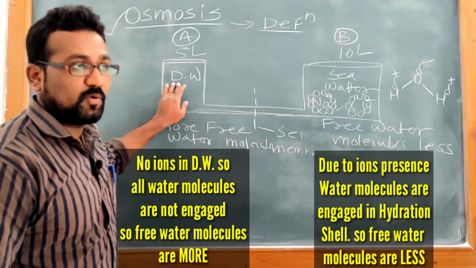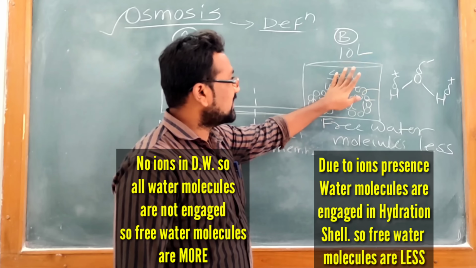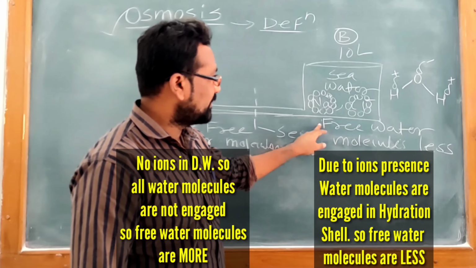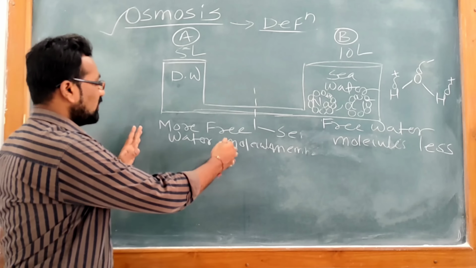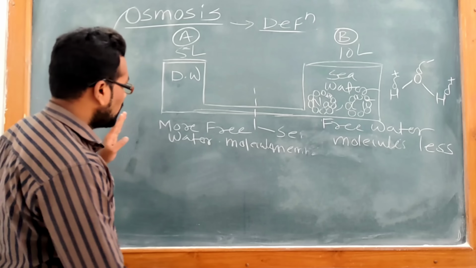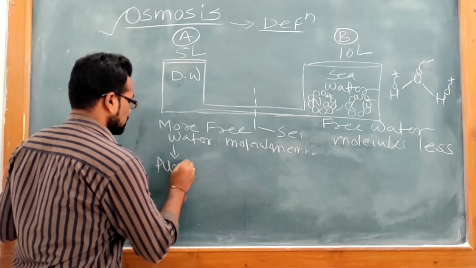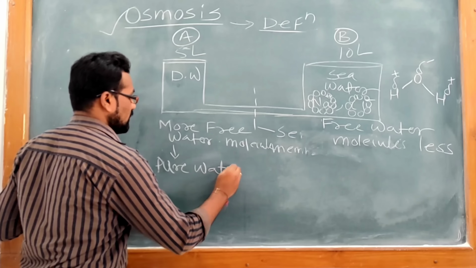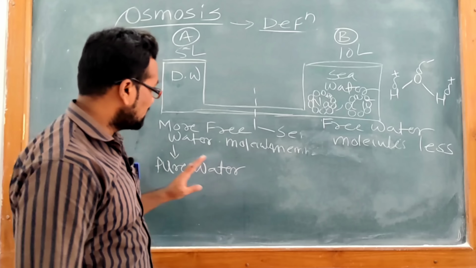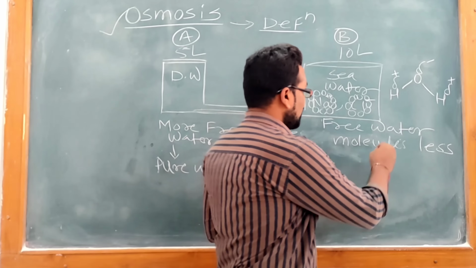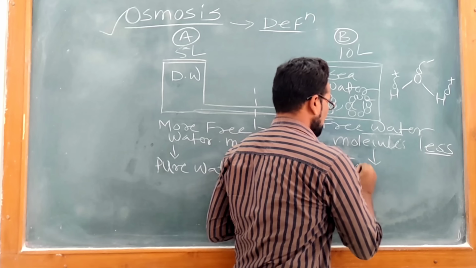So in distilled water the quantity is 5 liters, sea water quantity is 10 liters, but instead of having 10 liters quantity, the free water molecule number is less. Whenever the free water molecule number is more, this water is considered pure water, and wherever free water molecules are less, it is considered impure water.